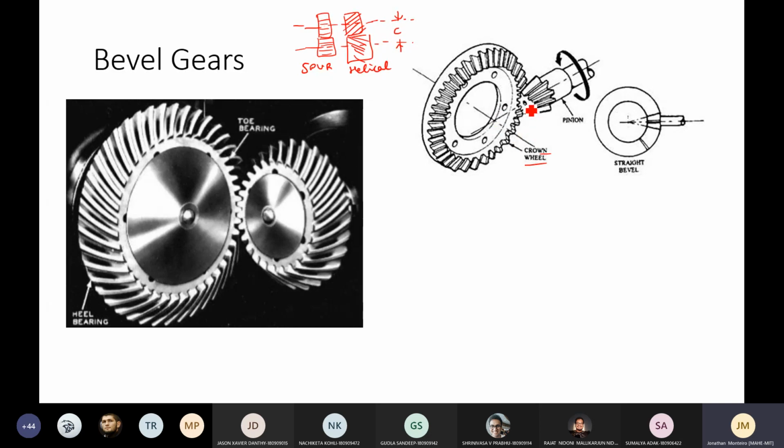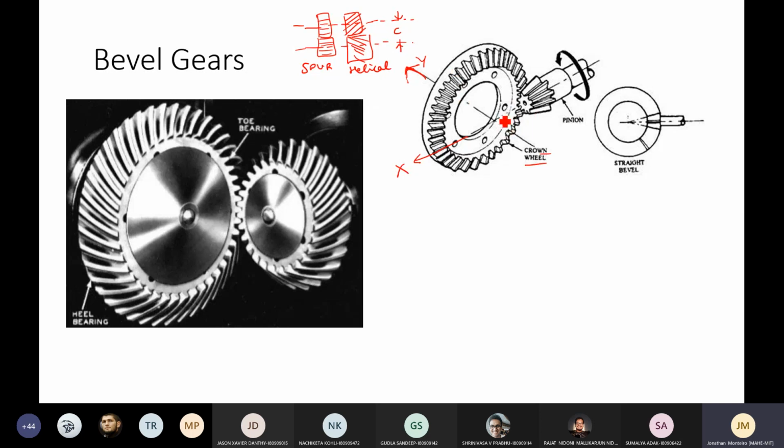And this intersection of the axis makes it a very beautiful option wherever a change of axis of transmission is required. Suppose you are rotating something in the x-axis, you will get a transmission in the y-axis. You can add any other axis you want depending on how the gear is set.